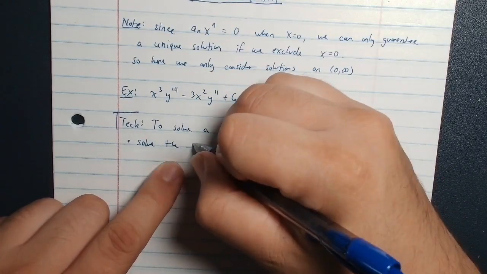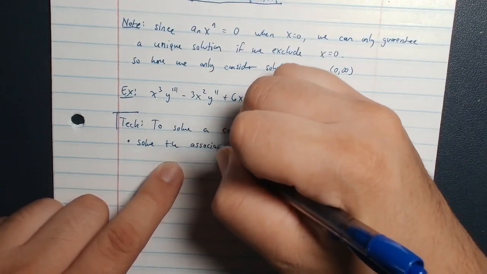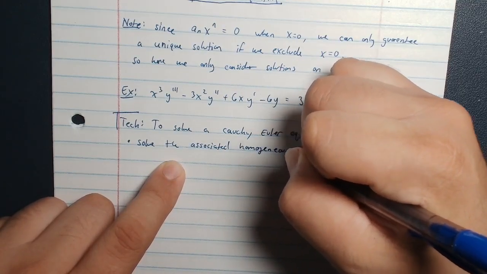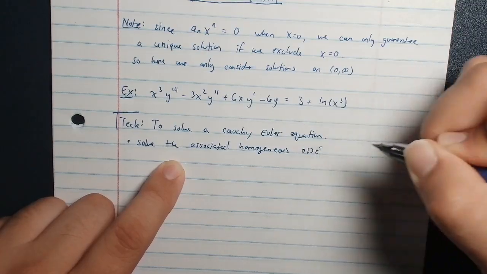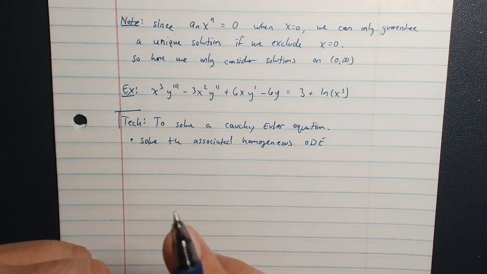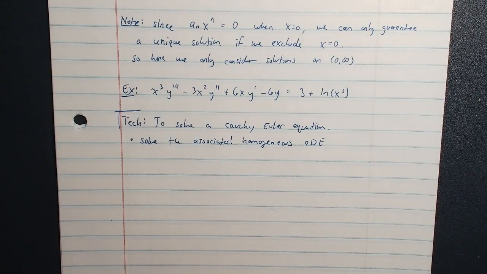Solve the associated homogeneous ODE. Now, here, you might say, well, is there just a characteristic equation that I can memorize? I mean, I kind of did that with the constant coefficients. The answer is yes, there is just an auxiliary equation you can memorize.